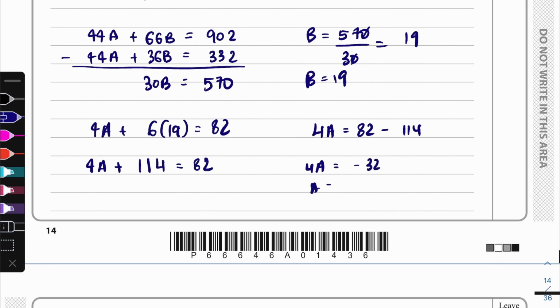So a equals negative 32 over 4, which is negative 8. So this is our final answer for a and b.